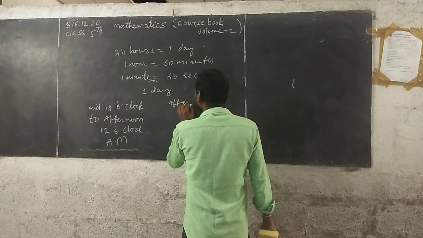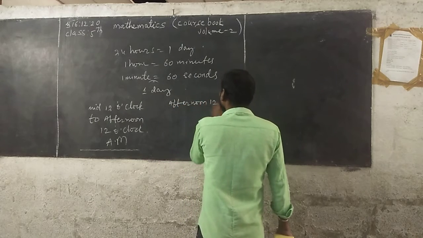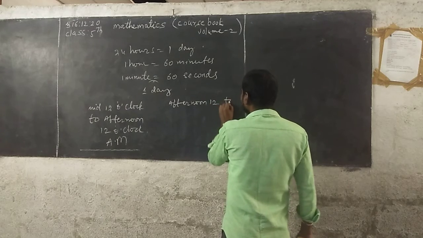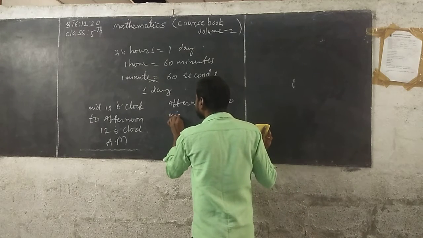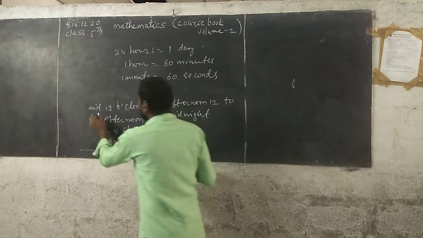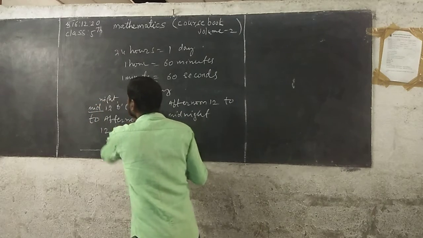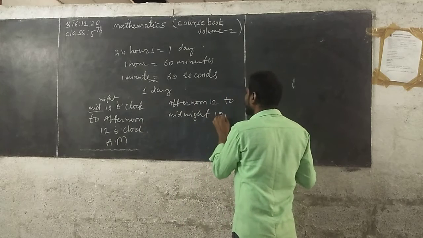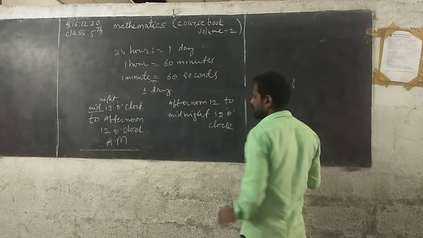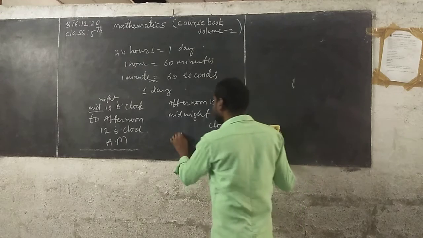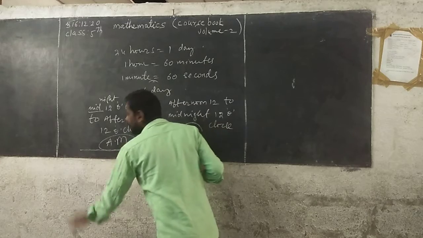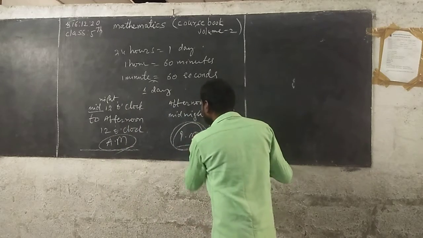From afternoon 12 o'clock to midnight 12 o'clock is called PM. AM means anti-meridian, PM means post-meridian.